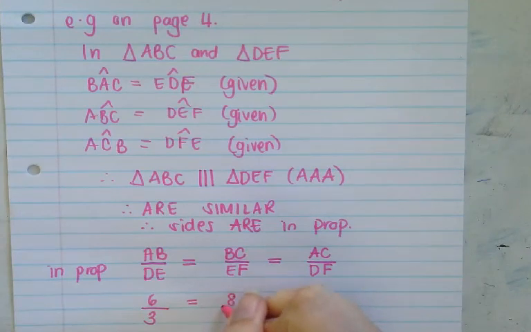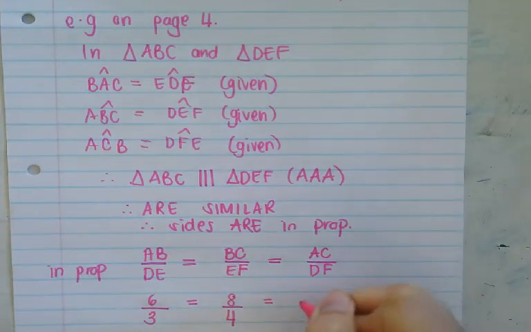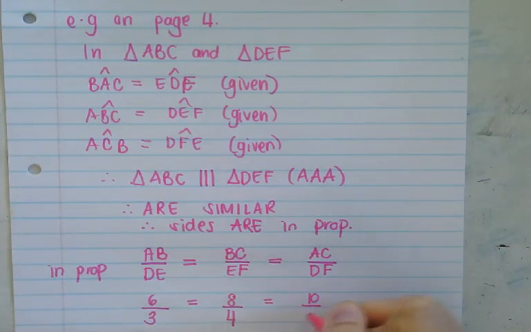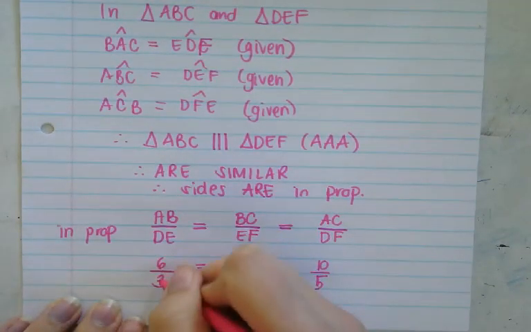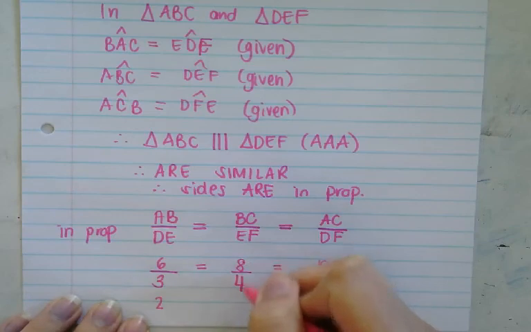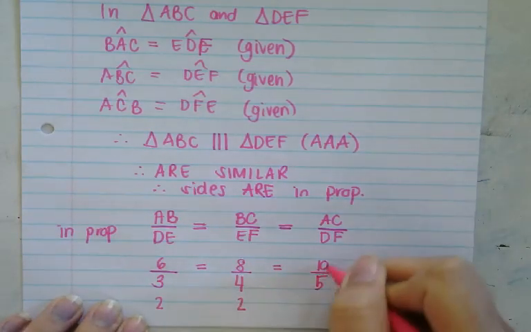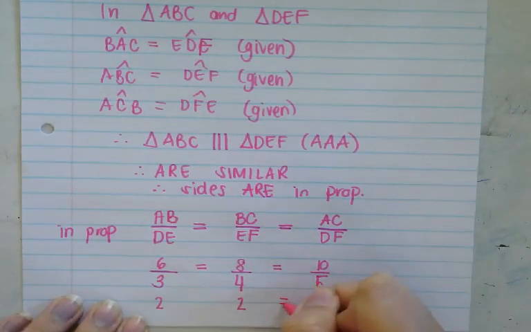BC 8, EF 4, AC 10, DF 5. If I simplify, 6 divided by 3 is 2, 8 divided by 4 is 2, and 10 divided by 5 is 2.